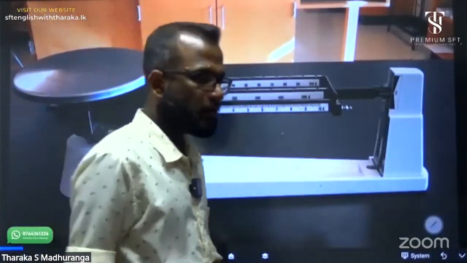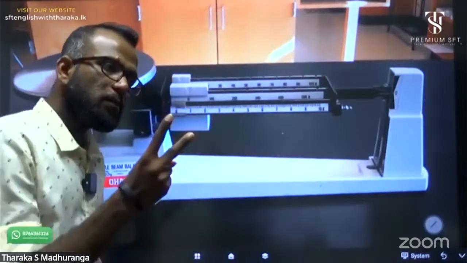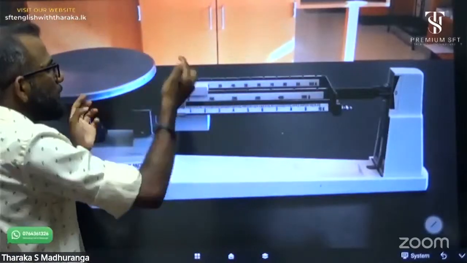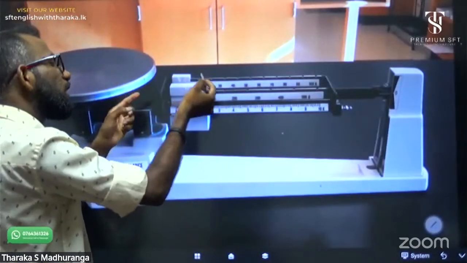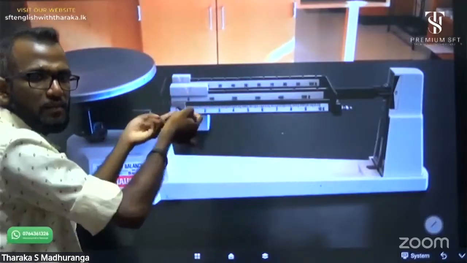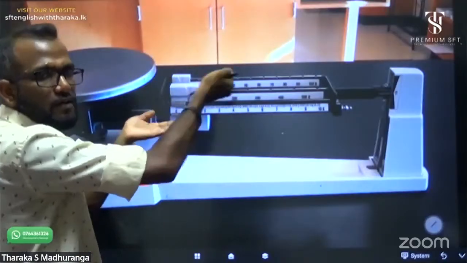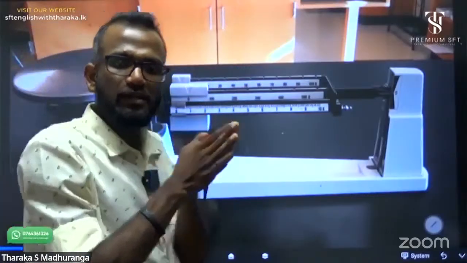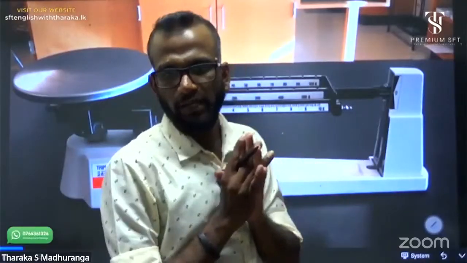Second step, check zero errors. After cleaning, we have to get all riders into the zero position, at the left end like this, and check the pointer. If it coincides perfectly with the zero mark, there is no zero error.